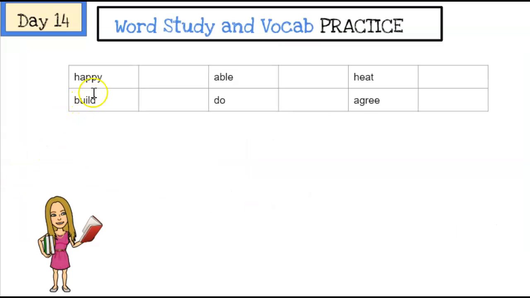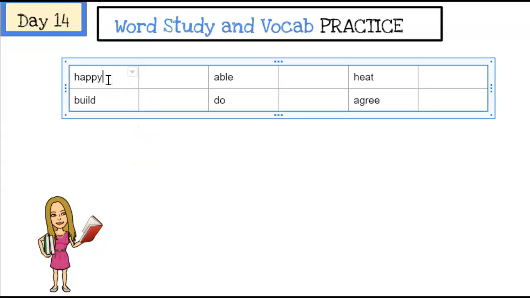So here we have happy, build, able, do, heat, and agree. Now I'm going to tell you how I want the word to be changed, and you are going to think about the prefix you would use. So let's look at this first word here, happy.